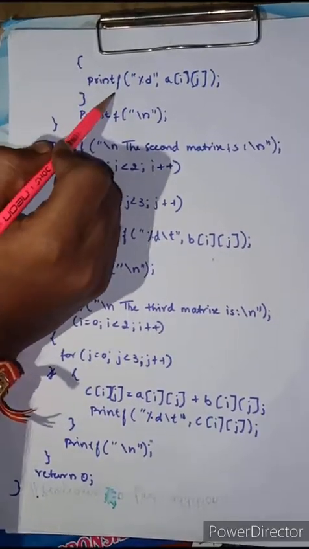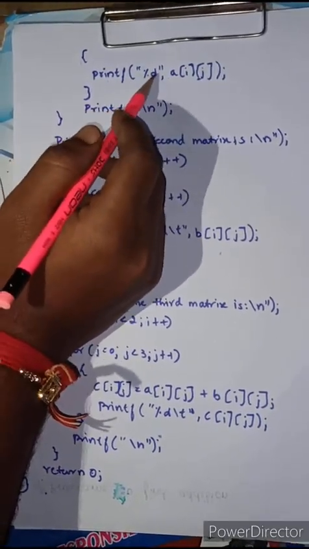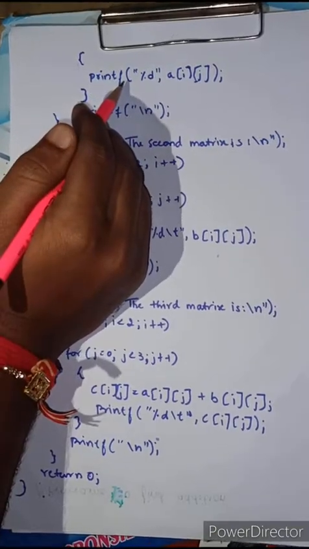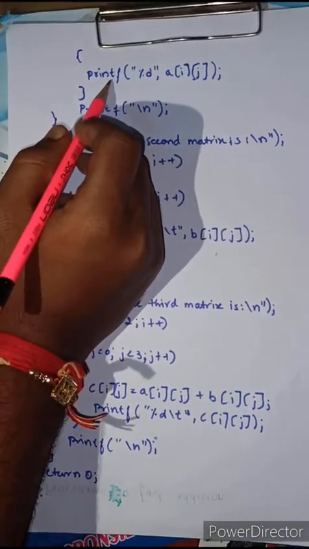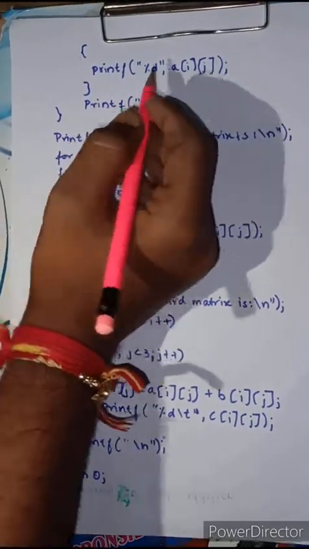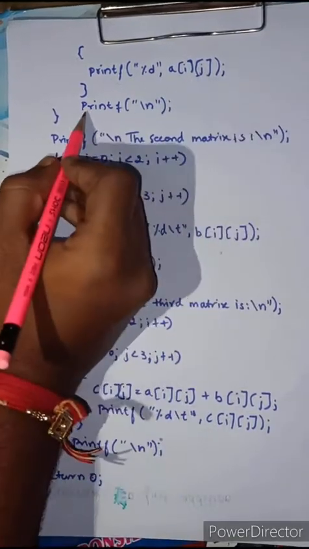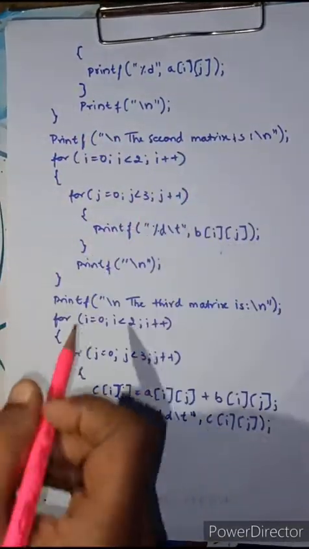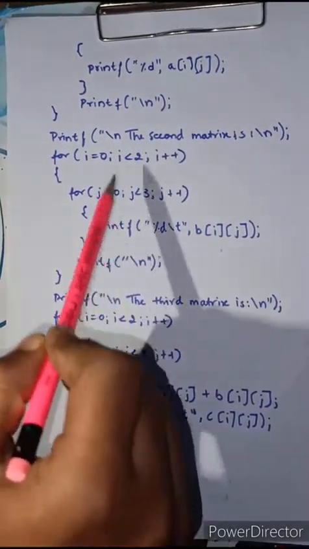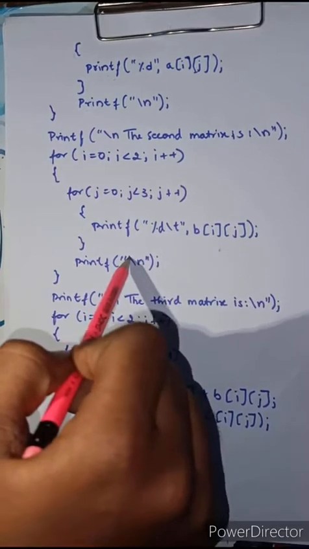And then printing the value of the first matrix, printf %d. First we took scanf for reading, and now printf for printing the first matrix, and percentage d a of i and j. This slash n is for printing the values in matrix form, and the same procedure goes for the second matrix also. This is the printing of the second matrix.